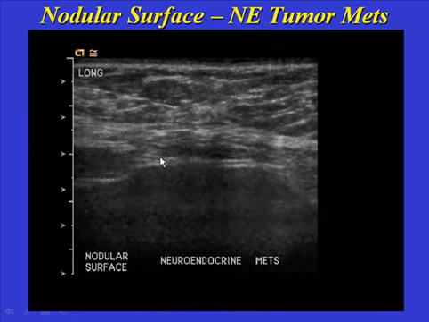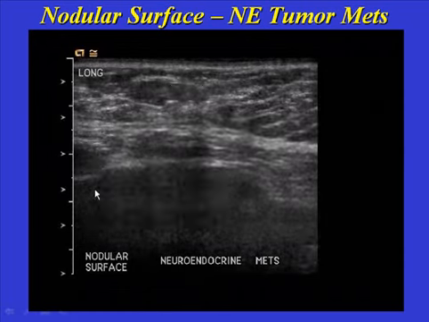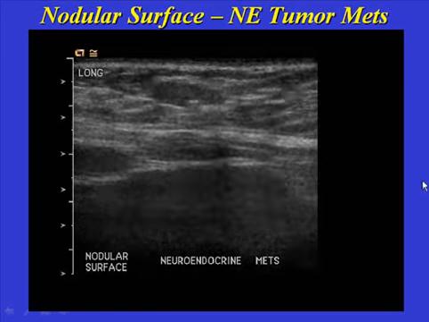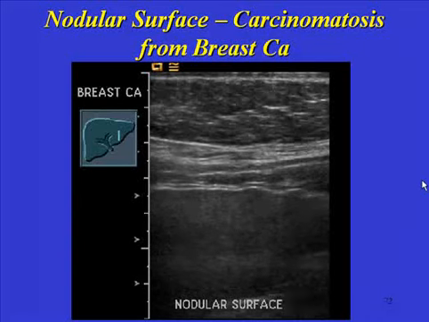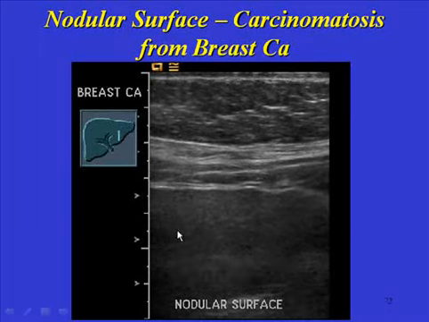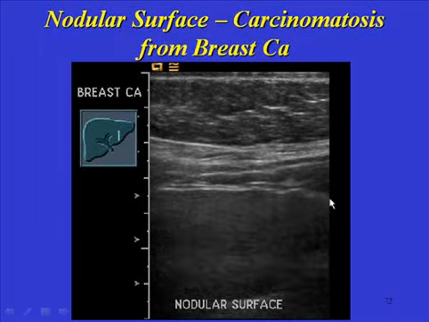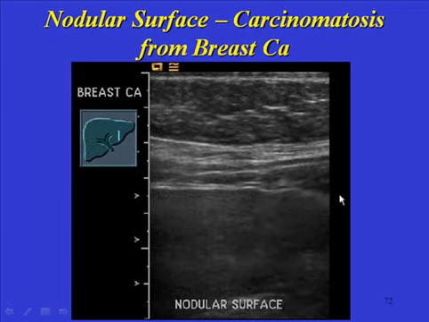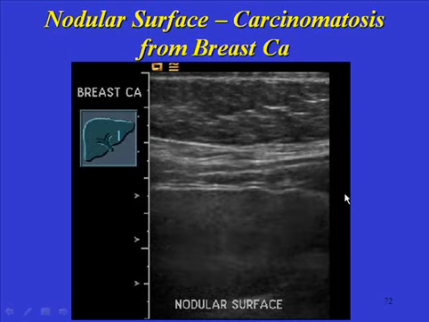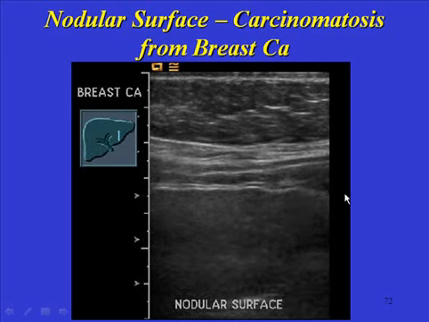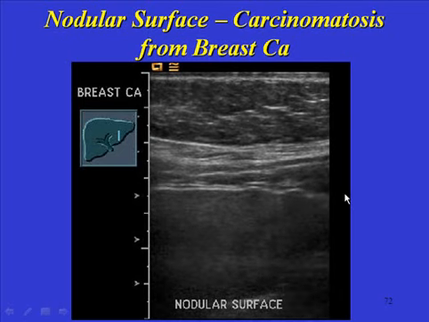Here's a patient who has neuroendocrine metastases and nodularity because of the focal liver lesions, not cirrhosis. And here's another one. This is a nodular liver surface. This patient does not have any liver disease per se, but rather has implants along the surface because of the carcinomatosis from breast carcinoma.